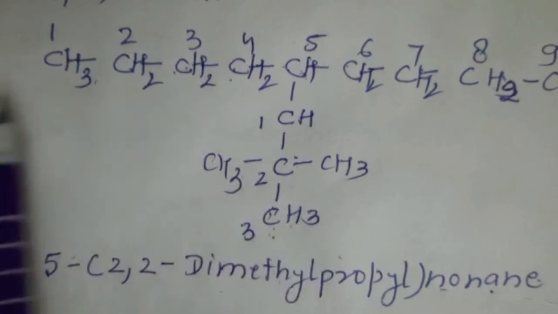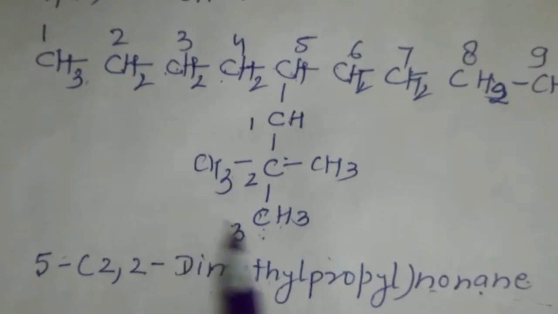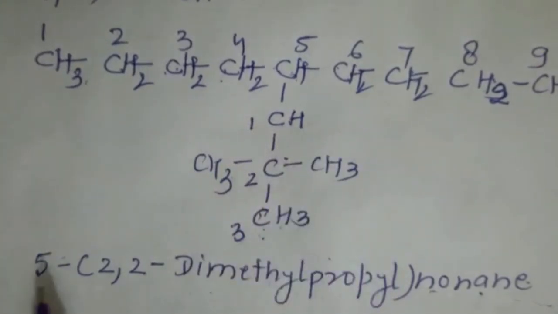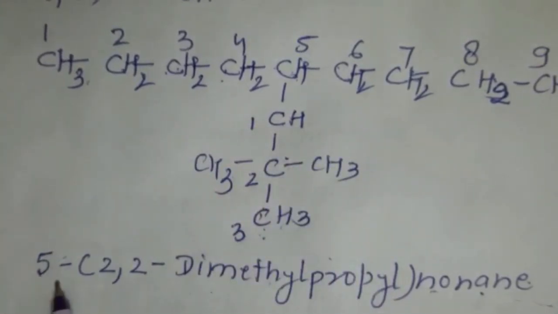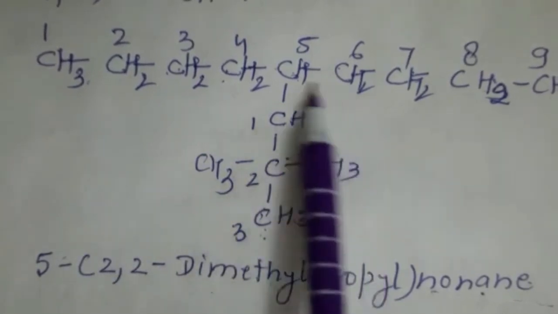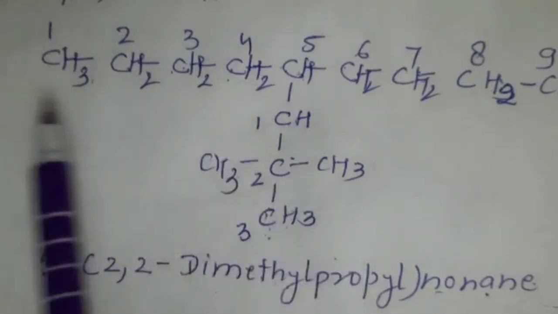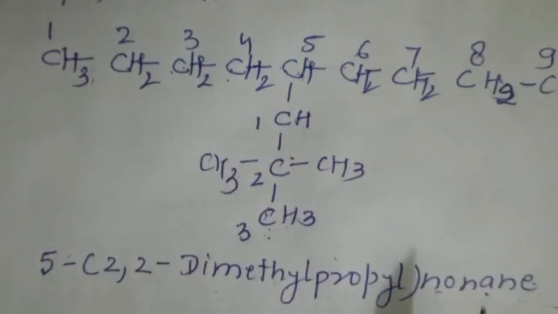Since the principal chain contains 9 carbon atoms, at the 5th carbon atom this complex substituent is situated. So the name of the compound will be 5-(2,2-dimethylpropyl) nonane, where the complex substituent is named 2,2-dimethyl propyl and the principal alkane is nonane.